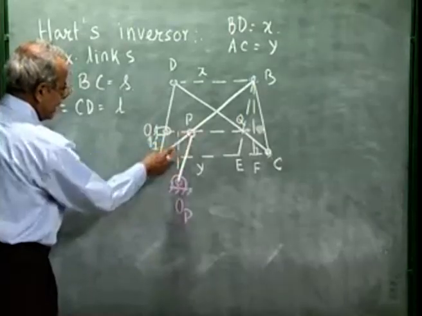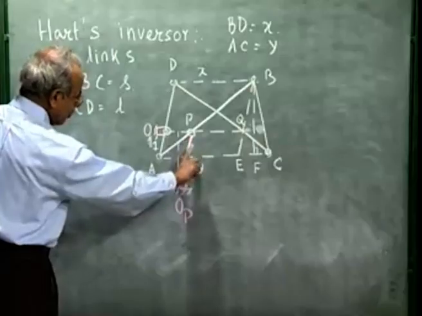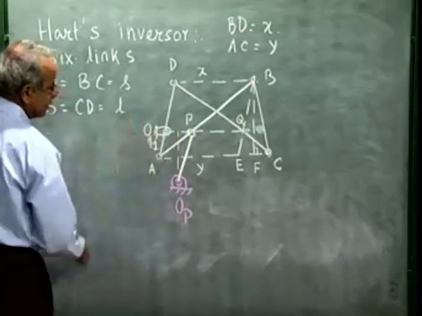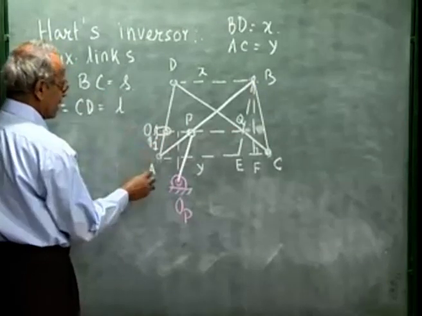Because O_P P is O_P O, P will go along a circle with O_P P as radius, and that circle passes through O. So the third condition of the straight line inversor is also satisfied.